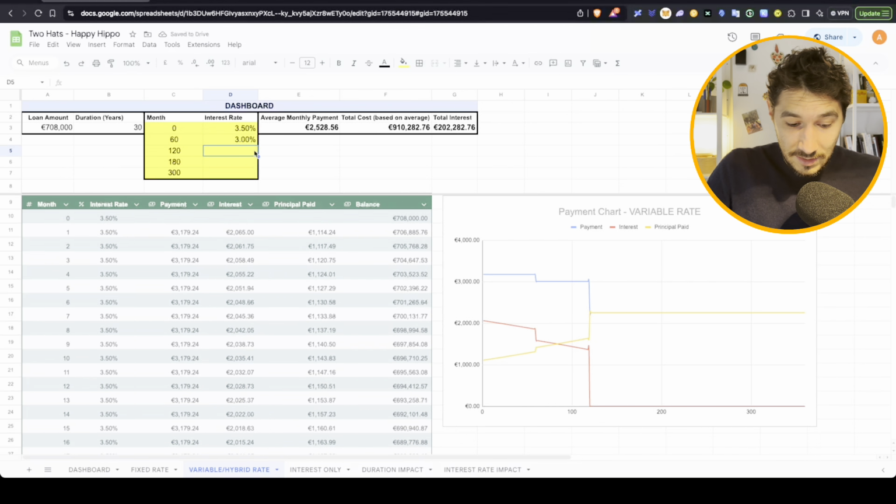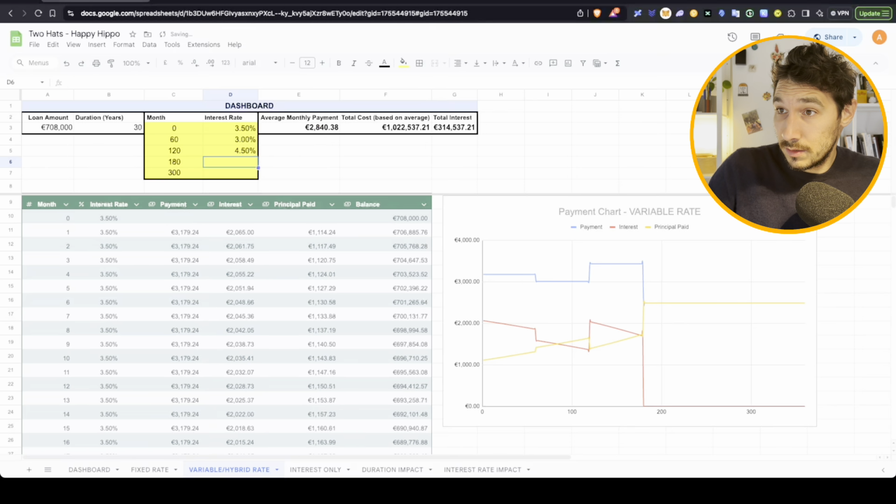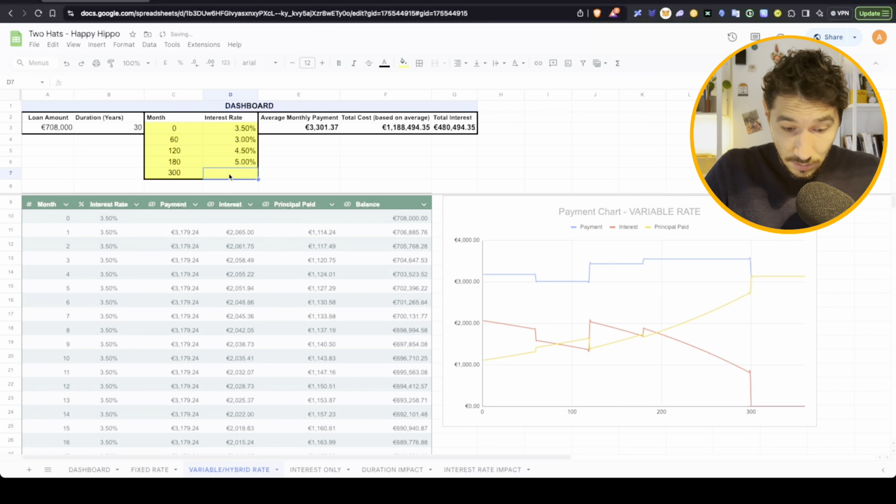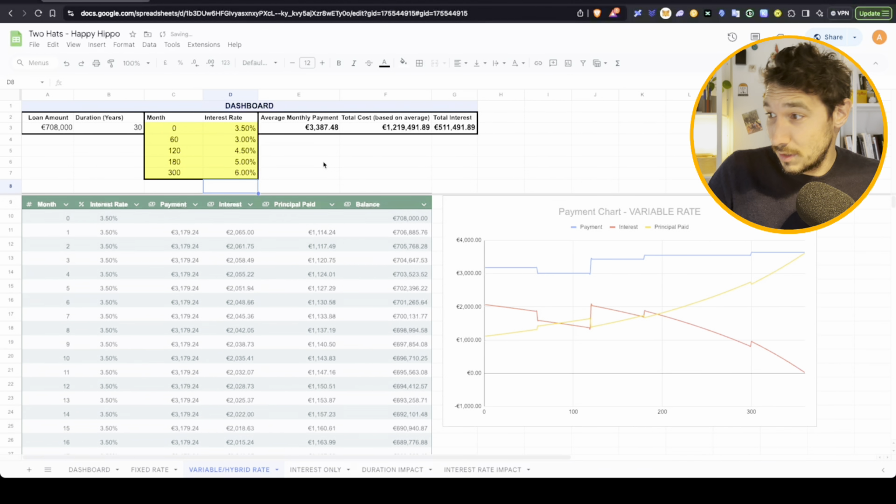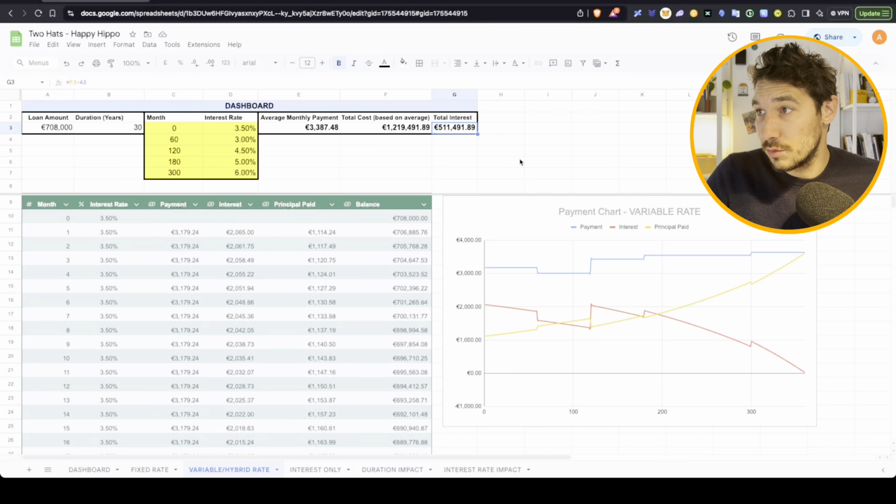At year 10, things are not going as expected and the rate keeps going up. Basically, it's like Armageddon, it will go to 6%, just for the sake of the example. And here we have an average monthly payment, the total cost based on average, and the total interest that you will pay for the entire duration of the loan.